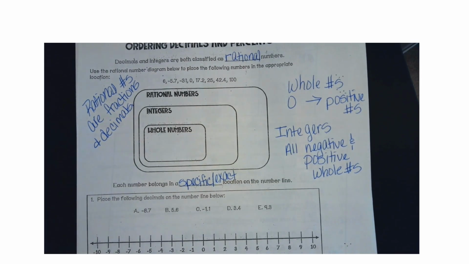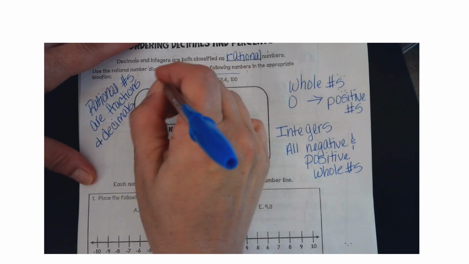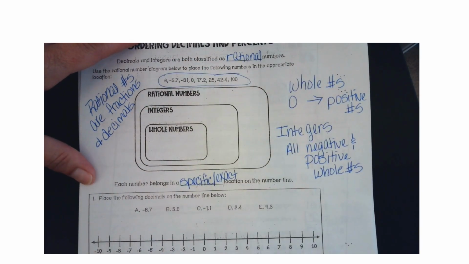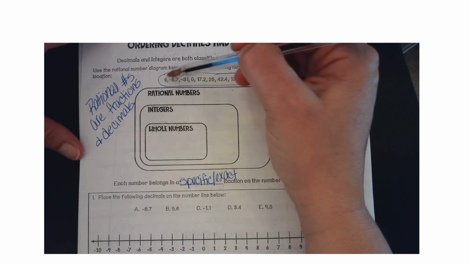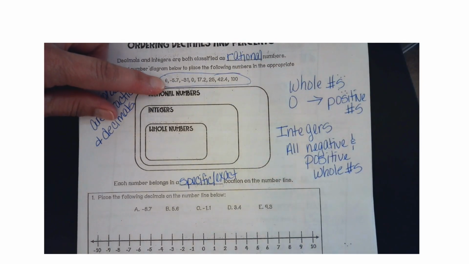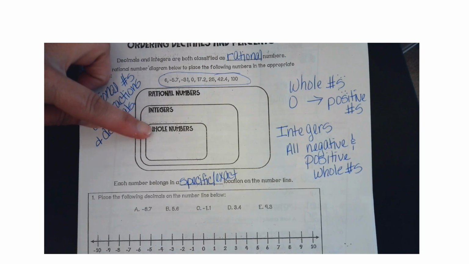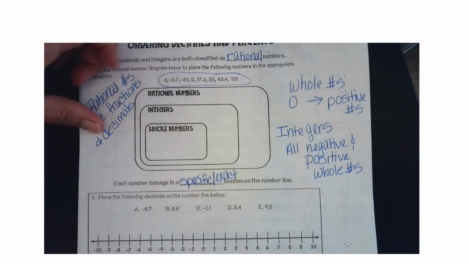All right, so let's look at our numbers. It's wanting us to take these numbers and put them in each of the classifications. So if I look at a positive 6, where would I put that positive 6? Where does it need to go? What do you think, Skylar? Whole number.